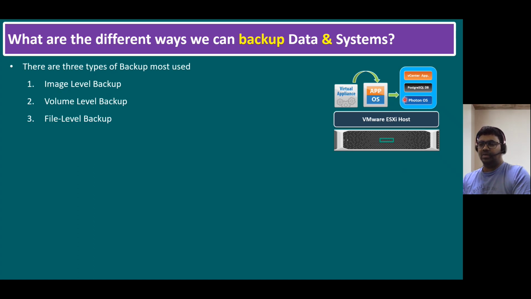Once they back up the SQL backup to the operating system, that specific DB backup file we can take to our backup tool. That is a file level backup. So these are the three scenarios.